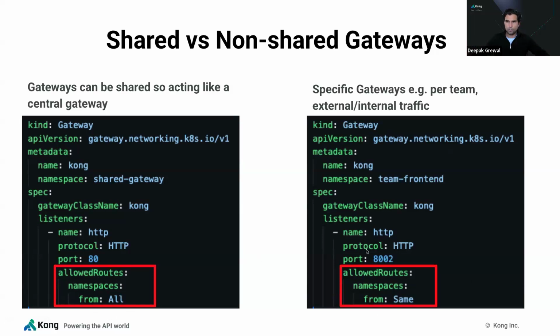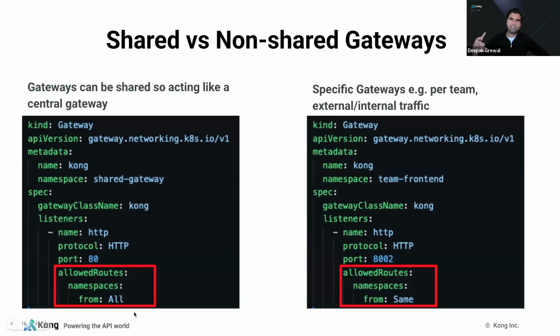Here, again, there are two examples. On the left-hand side, I have this shared gateway. I've deployed it in a namespace called shared gateway. And in terms of the routes that it's listening on, it's listening to routes from all namespaces. So regardless, there might be a cluster with 5 or 6 different namespaces, each for one different team, for example.